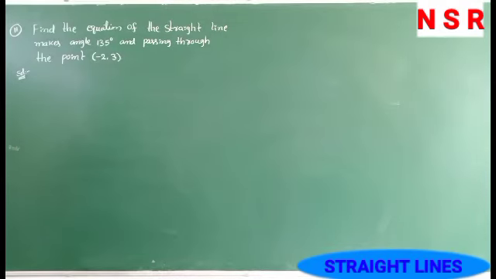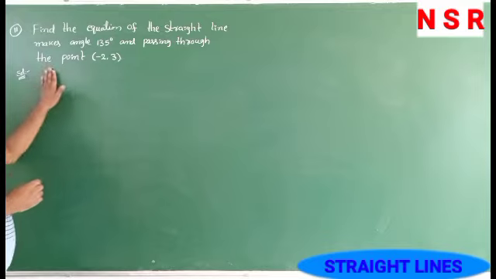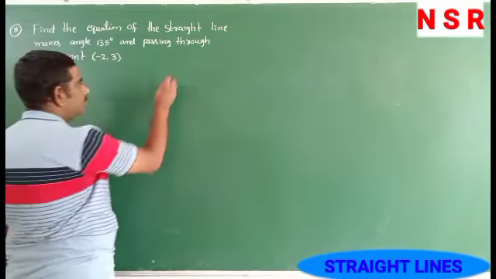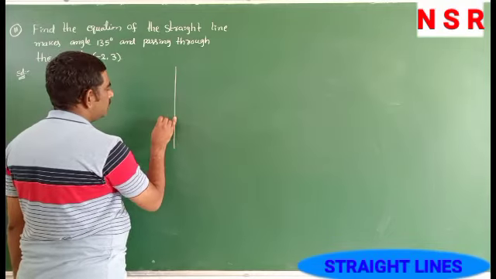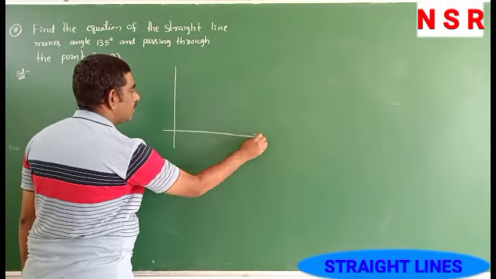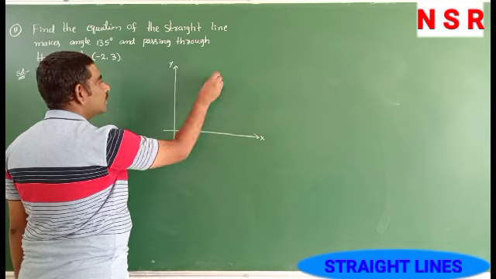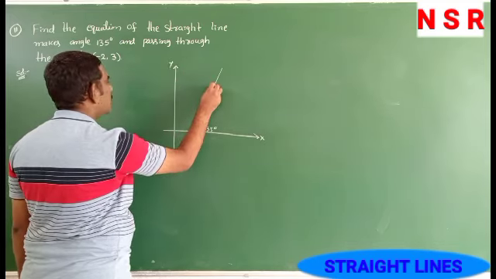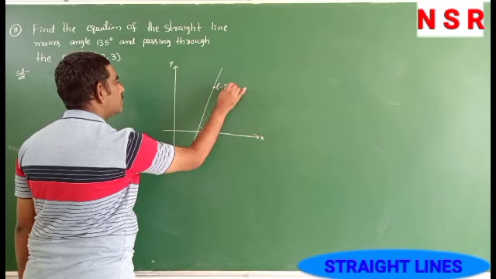So, next question number 11: find the equation of the straight line that makes an angle of 135 degrees and also passes through the point. Similar to the 10th question, this is the x and y axis. Here the line makes an angle of 135 degrees with the x axis and passes through the point minus 2 comma 3.